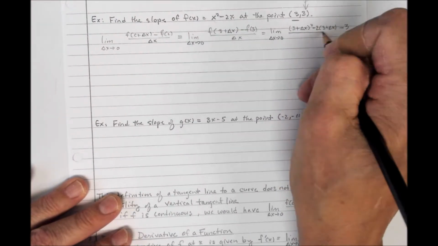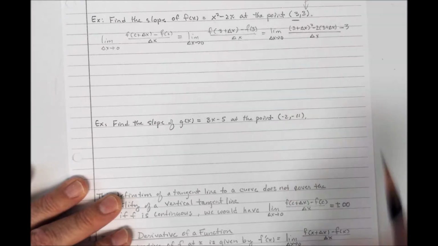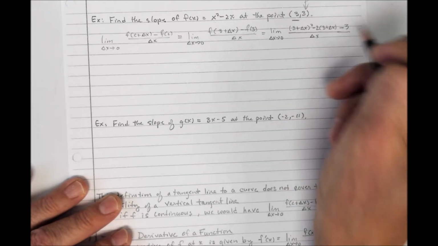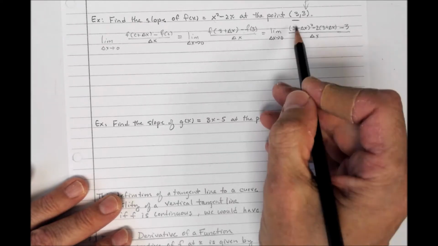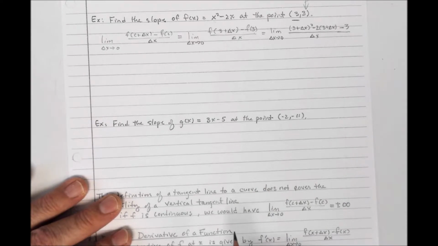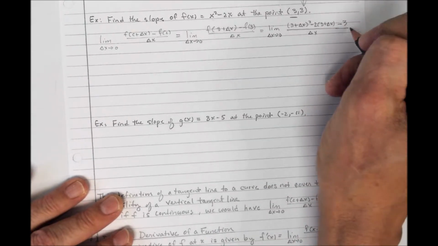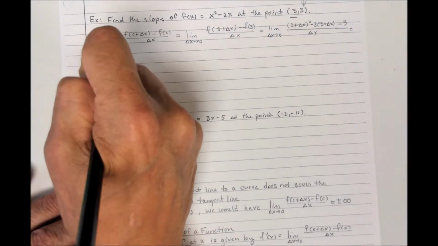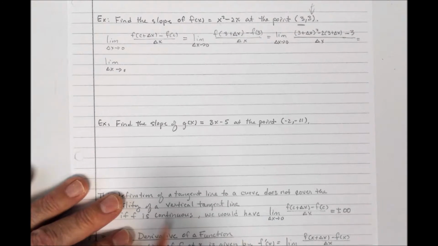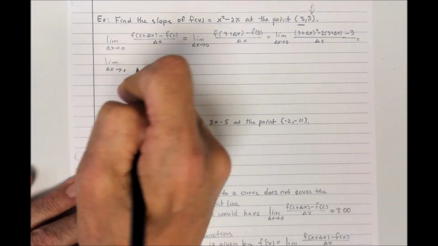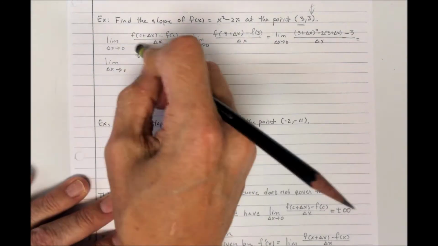All over delta x. Now to simplify this, and we did a little bit of this in a previous section, we've got to do a little bit of algebra. We're going to expand this and hopefully this will simplify, and I might even be able to get the delta x factor to cancel. So let's go ahead and go to the next step. This is the limit, a little bit of work here, as delta x goes to 0 of, this would be 3, let's go ahead and square it.